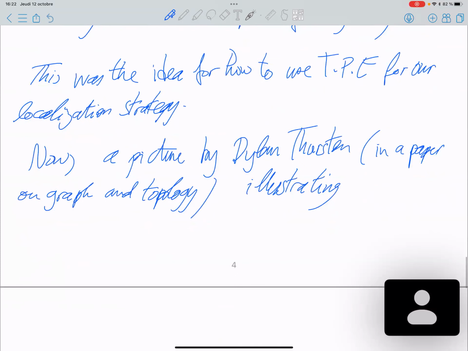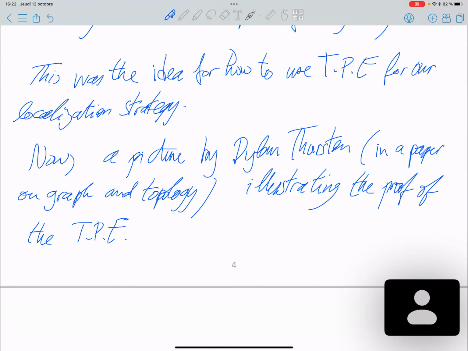Illustrating the proof of the TPE. What is very funny here is that this paper of Dylan Thurston has nothing to do with tensor category a priori, even if you can find some reach through the topological quantum field theory. But a priori, this paper has nothing to do with the reformulation of the Pentagon Equation.